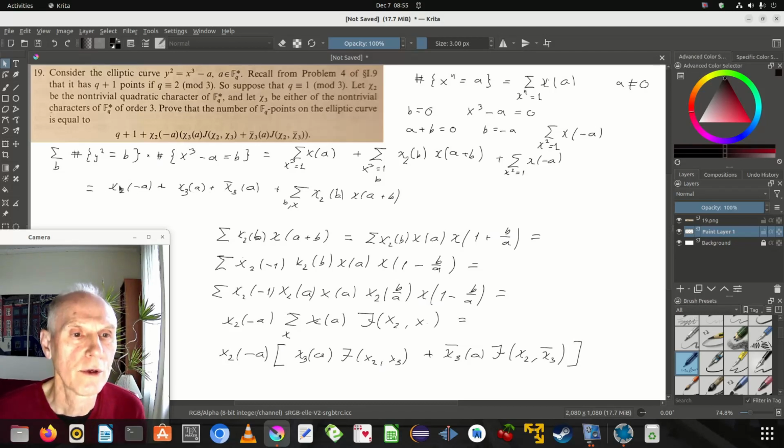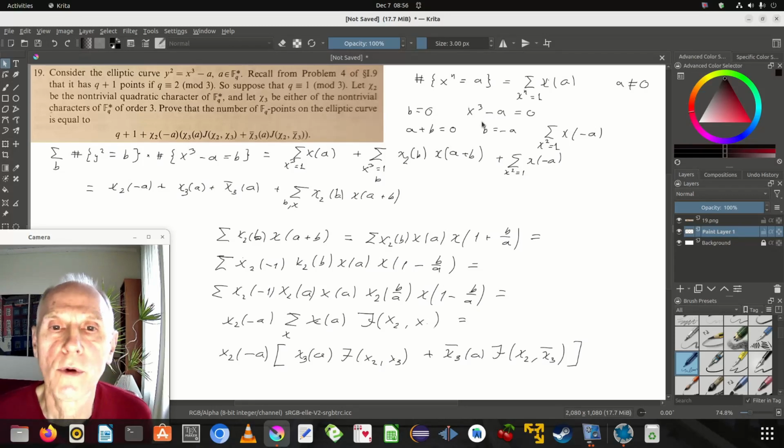Why on earth should this give q plus 1? Getting this result indicates that I'm using an idea that ultimately works.